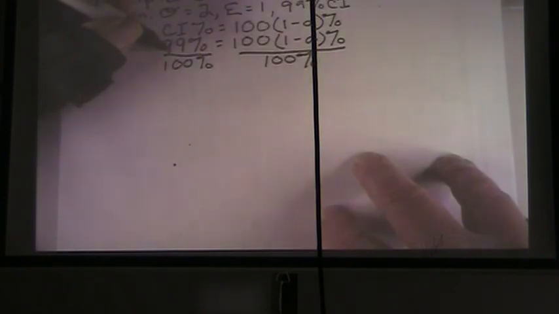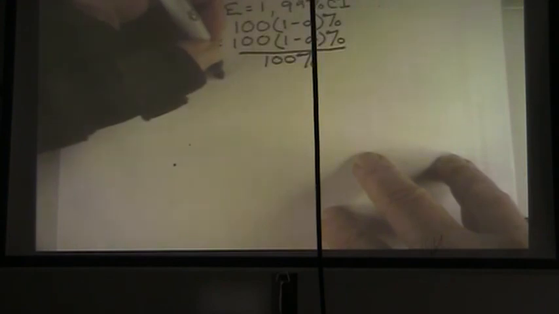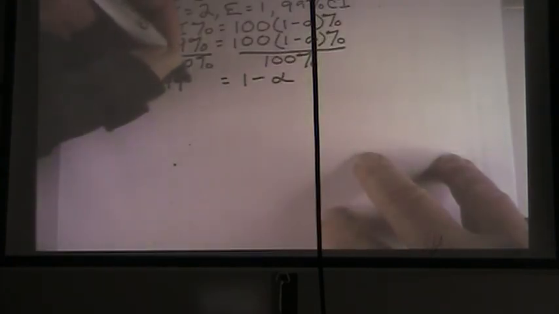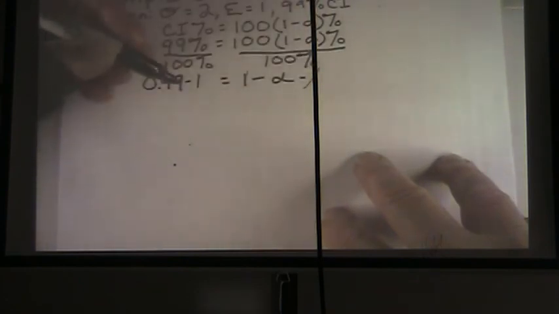So that here I'm going to get 0.99, and over here I'm going to get 1 minus alpha. Then I subtract 1 from both sides. All right, so my 1's drop out.